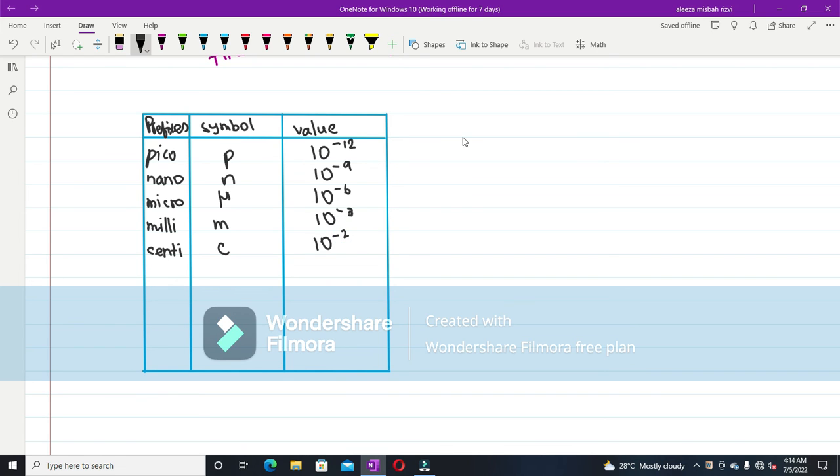Okay, so let me draw another table in which I will give the prefixes of greater values.